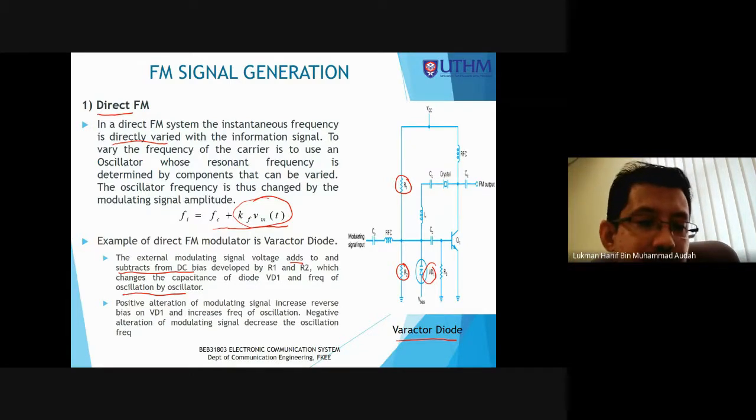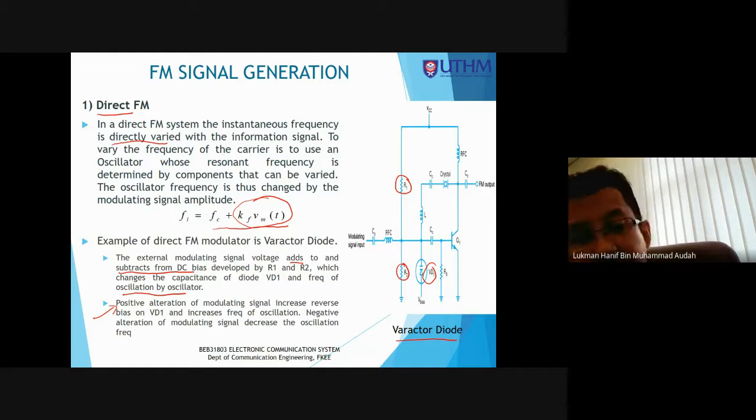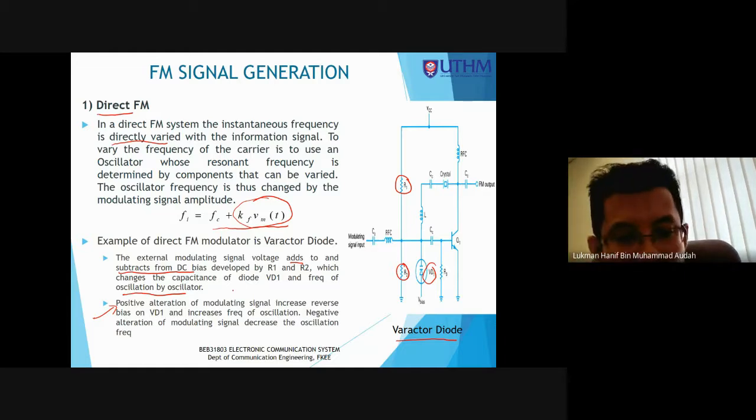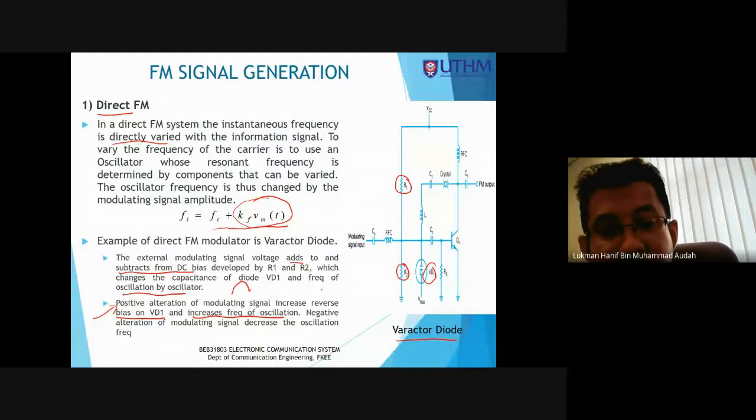Okay, so positive alternation of the modulating signal bermakna kalau positive alternation, positive signal will increase the reverse bias of VD1 and then increase the frequency oscillation of the oscillator. Bermakna nilai output frequency akan bertambah.